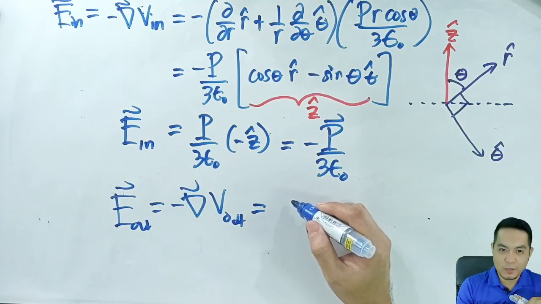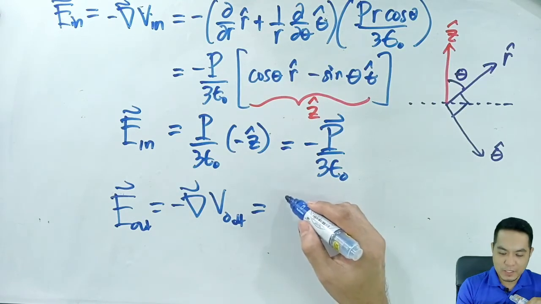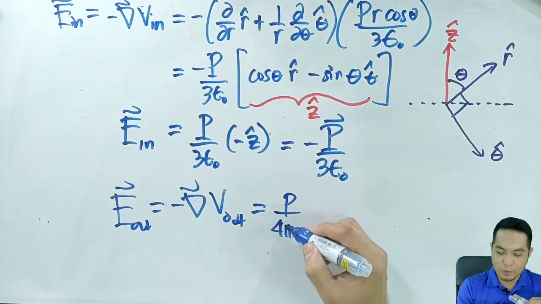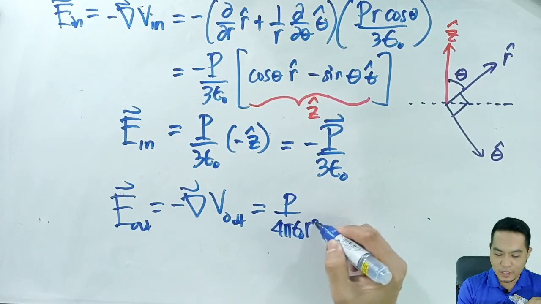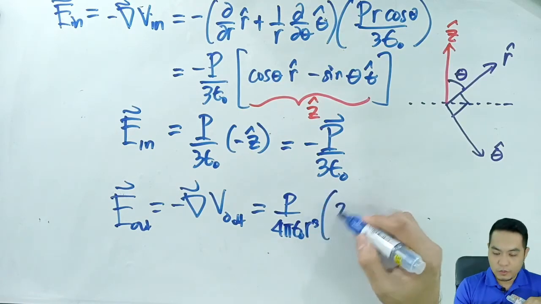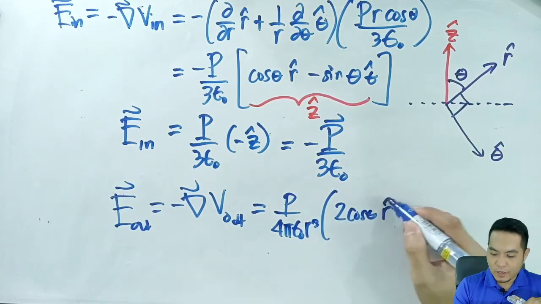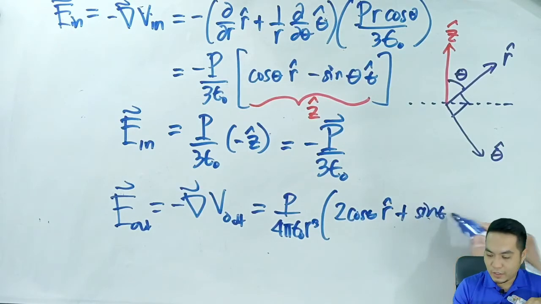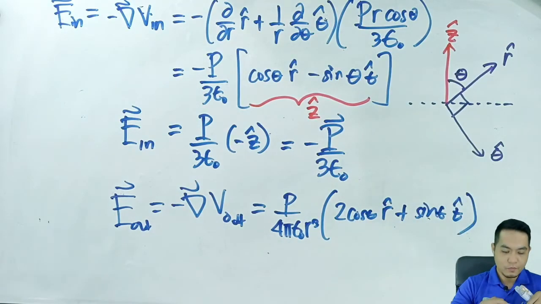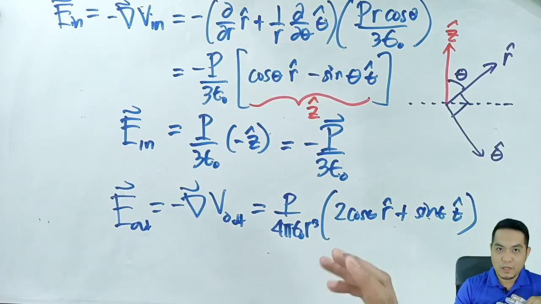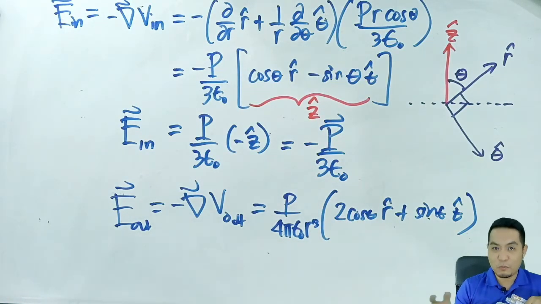If you will recall, the electric field of a dipole is something like p, the dipole moment, over 4 pi epsilon naught r cubed, times 2 cosine theta r hat plus sine theta theta hat. But p, the dipole moment, is actually just the polarization times the volume. In this case, the volume is 4/3 pi R cubed.